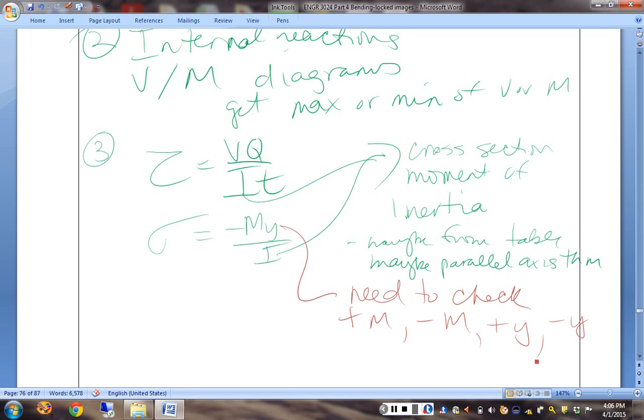So then what about this guy? What is this Q thing? It's your area moment. How do I figure it out? It would be the area of the piece that you say is going to move, times the distance from its centroid to the centroid of action.